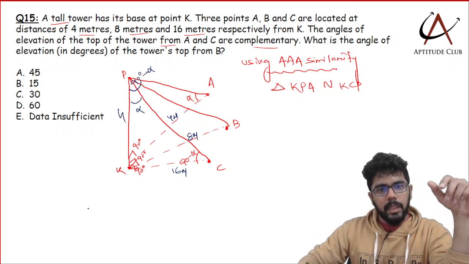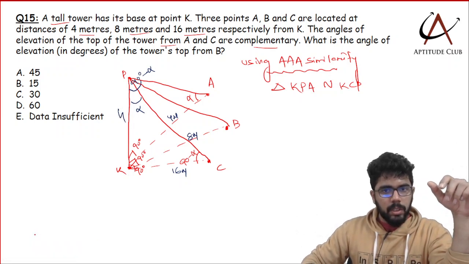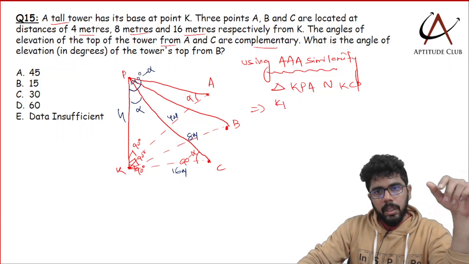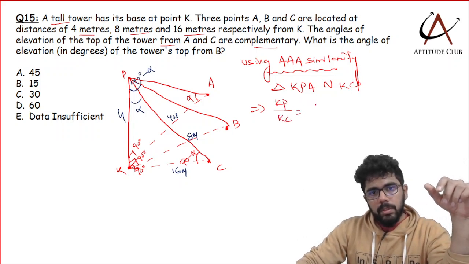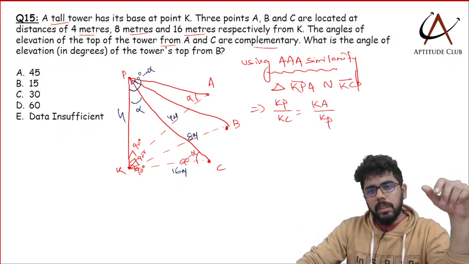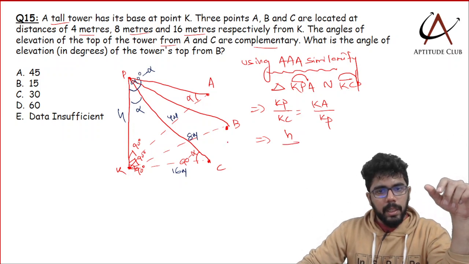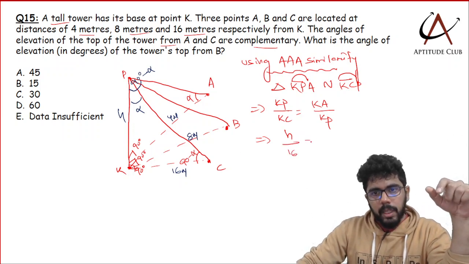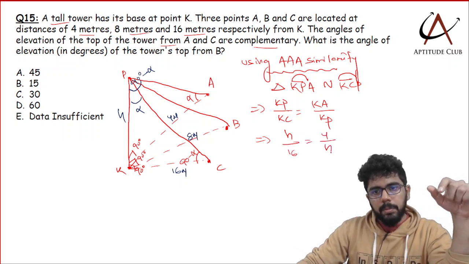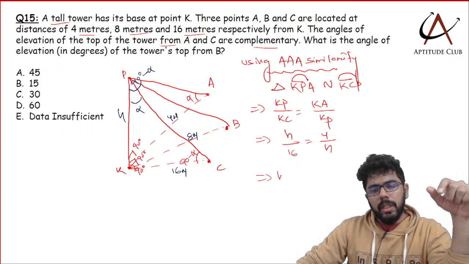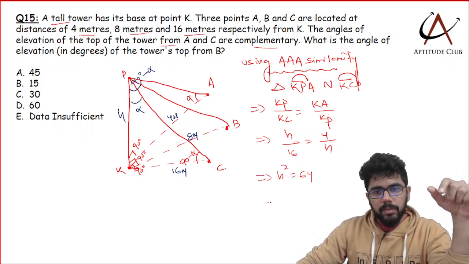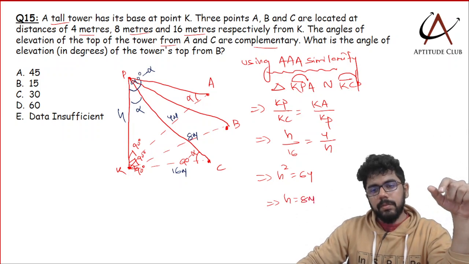And let us say PK is H. So you can write KP by KC is equal to KA by KP. Now KP is H, KC is 16 and KA is 4, KP is H. So you get H square is 64, which gives us H as 8 meters.